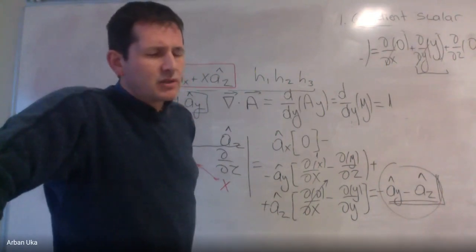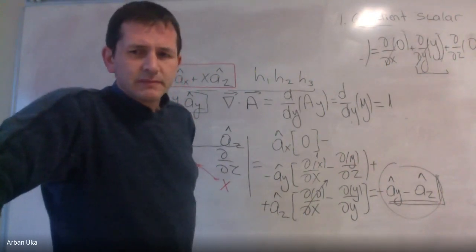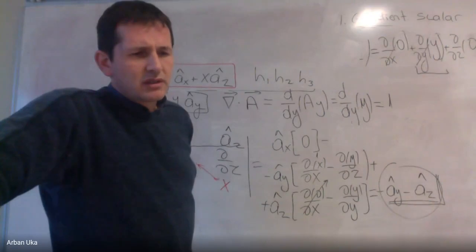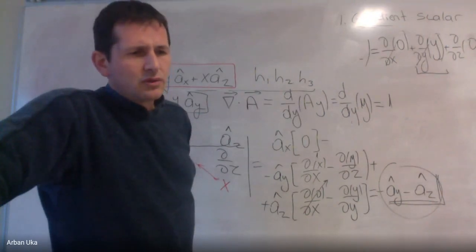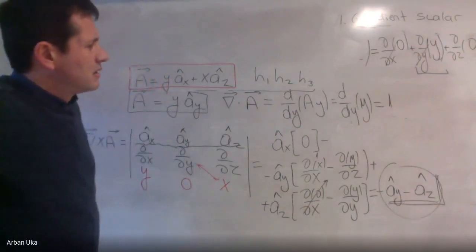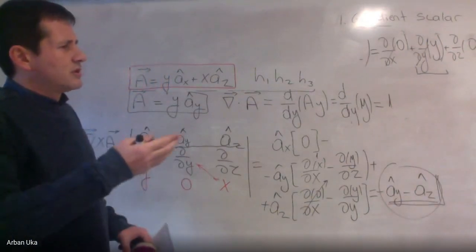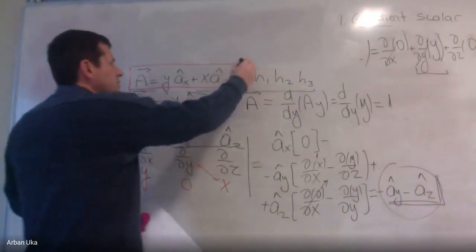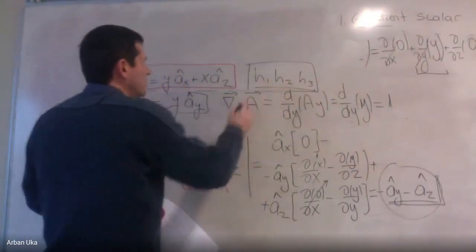So H1, H2, and H3, they corresponded to what? Metric coefficients. That's correct. They are the coefficients that make possible to construct a meter cube volume element, assuming that some of the coordinates are just angles, which are measured in radians. So these are called the metric coefficients.